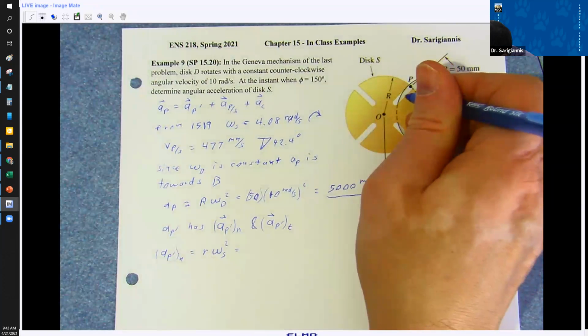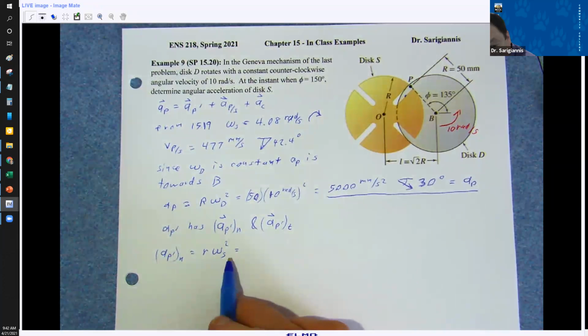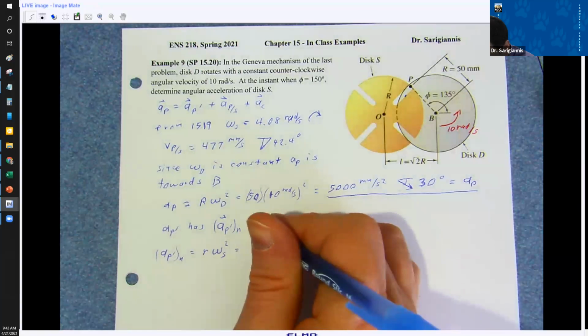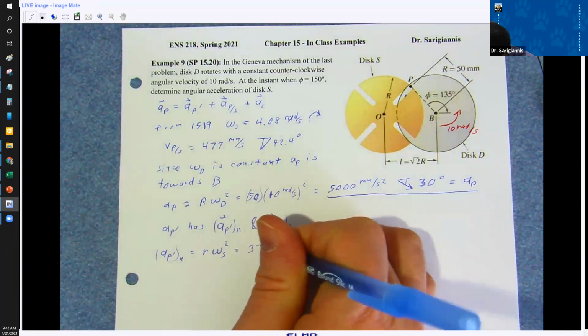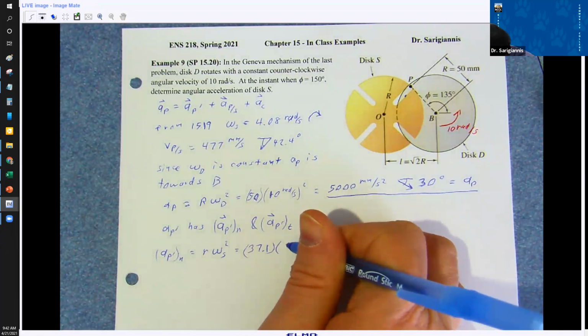So really the point's in here somewhere. We've got r omega S squared. We got 37.1 millimeters times the 4.08 squared.